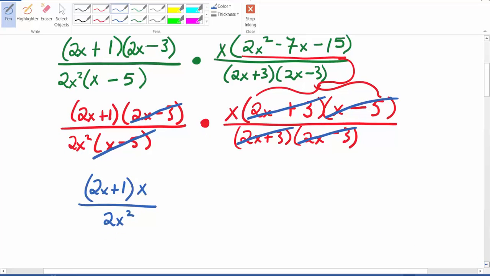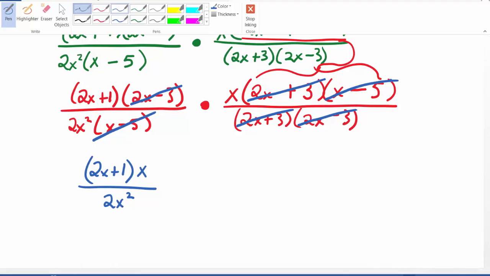And we can actually even break this down further. We notice that we have an x on the top and x squared on the bottom, so we can actually remove one of these x's. So instead we'd have just x to the first now. So then it looks like our final simplified version comes out to be 2x plus 1 divided by 2x.